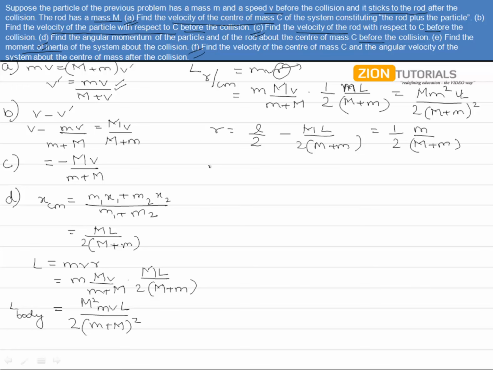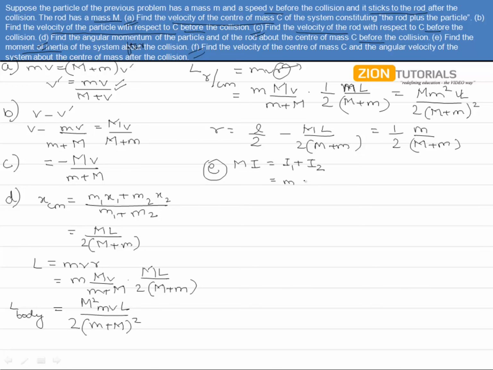Now proceeding to the E part of this question, in which we need to find the moment of inertia of the system about the center of mass, that is actually after the collision. Now we all know that the moment of inertia simply adds up, so we can write it as I1 plus I2.